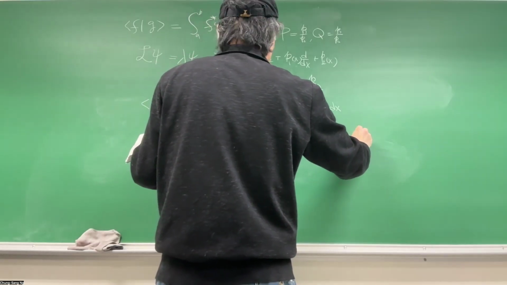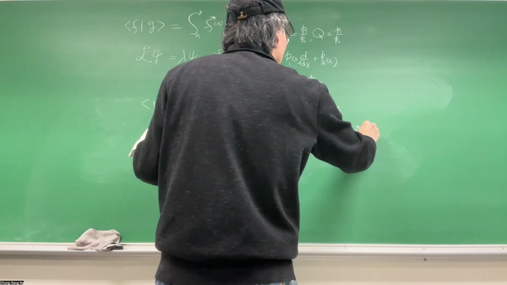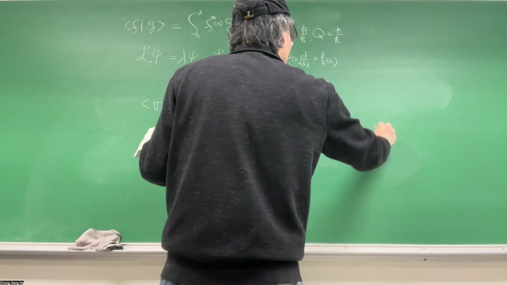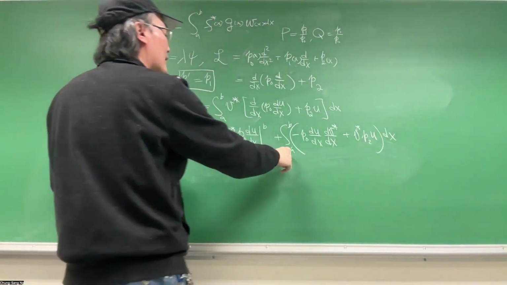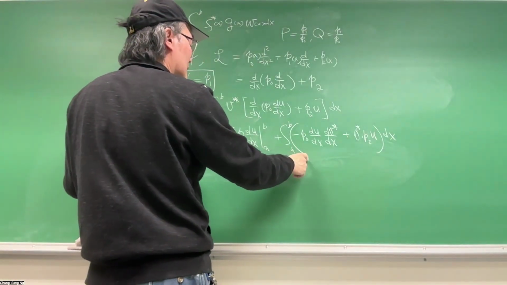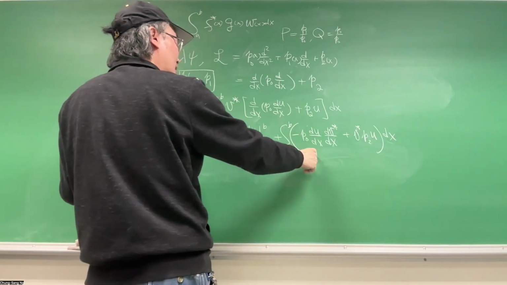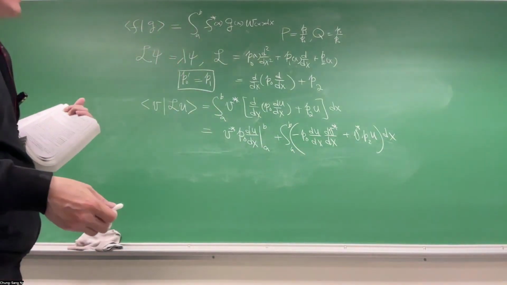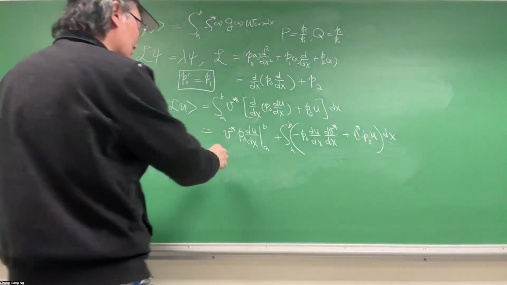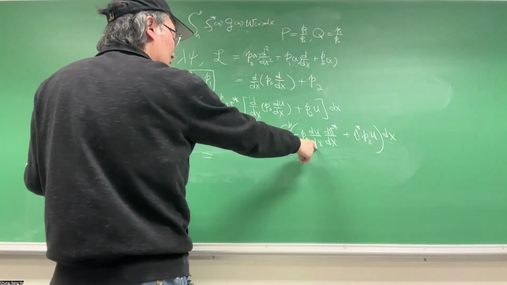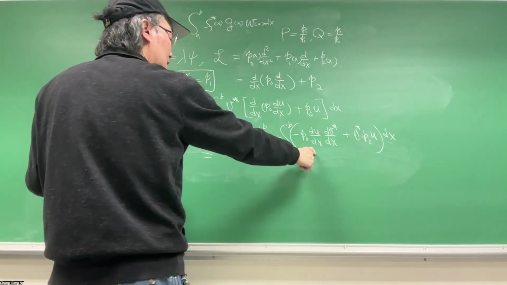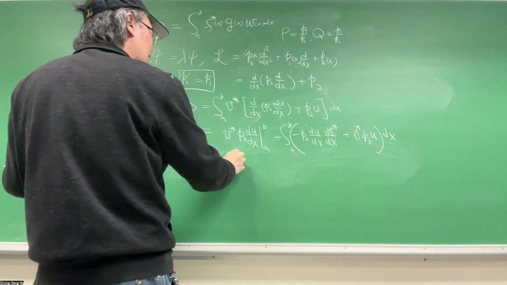You just do one integration by parts, get into this one, right? The second one is again doing integration by parts using this du/dx again.